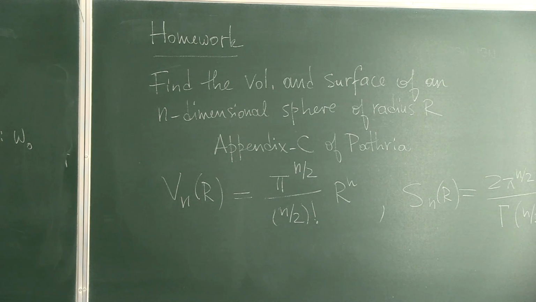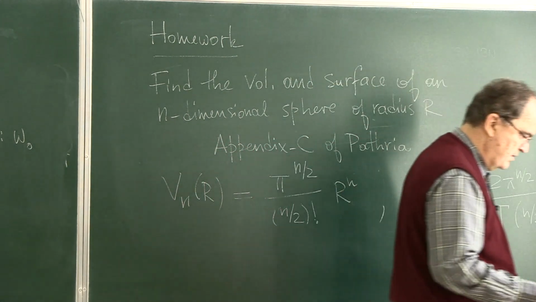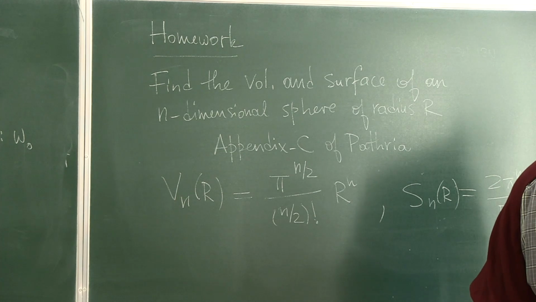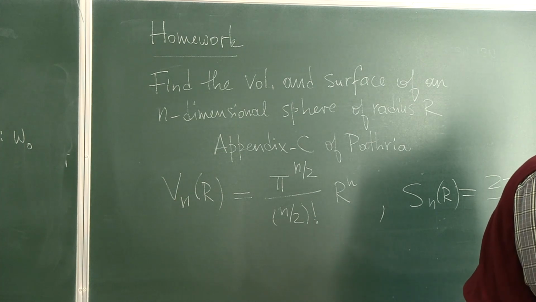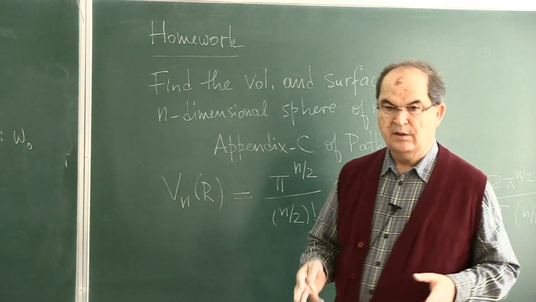Surface of the sphere. Very simple. I think you should read this appendix and try this result. I'm going to use it in a moment when I am dealing with the examples.